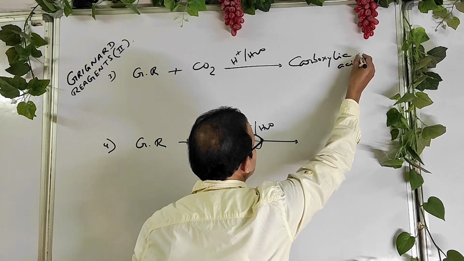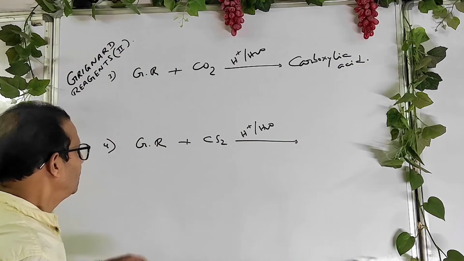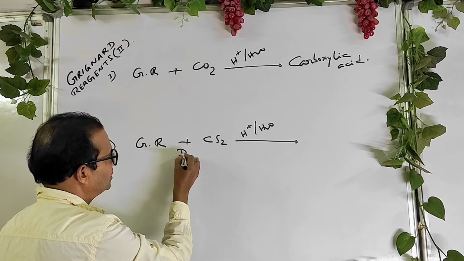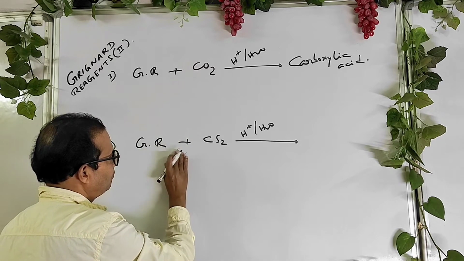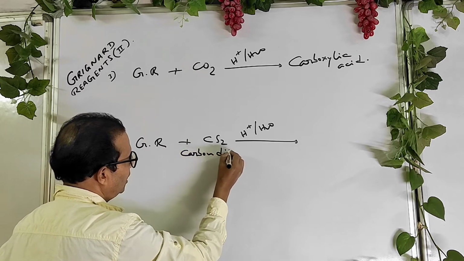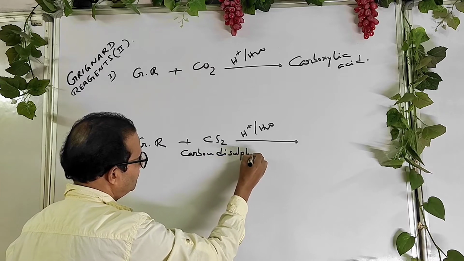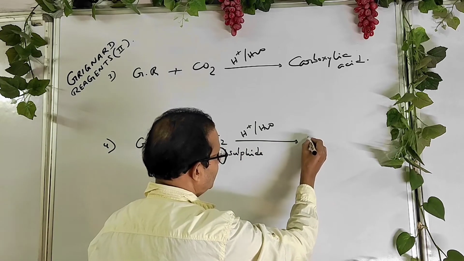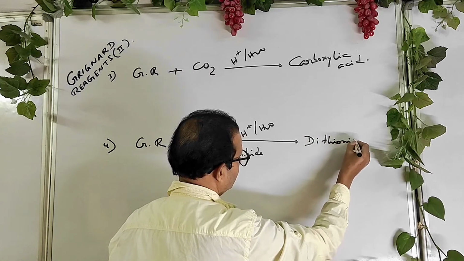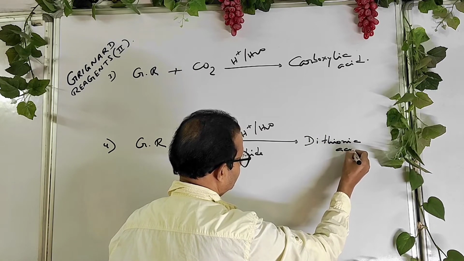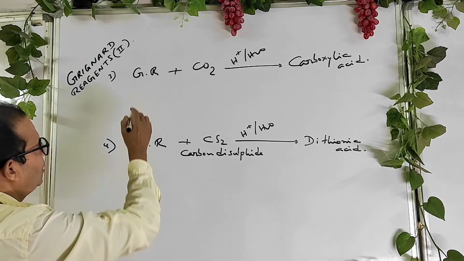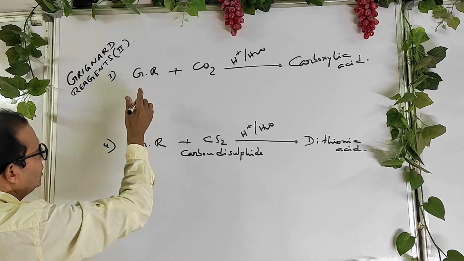You get carboxylic acid. But when Grignard reagent reacts with carbon disulfide, you get dithionic acid. How do you recall the reaction? Listen to the technique.